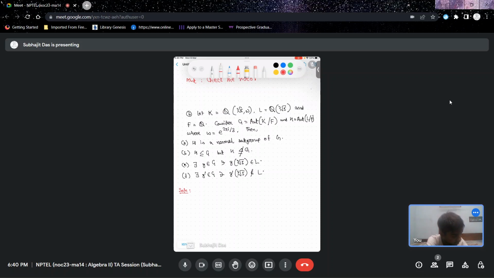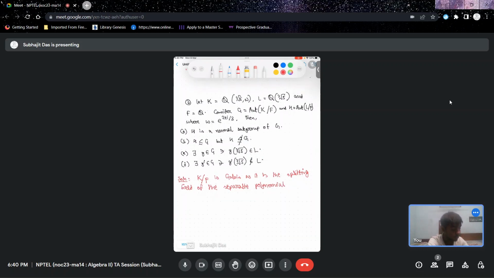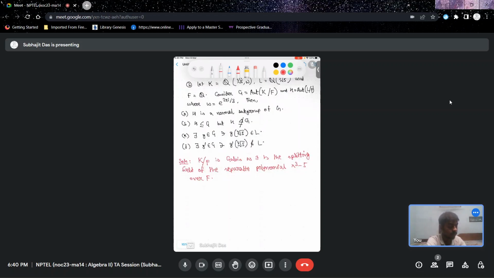So we know, first of all, K over F is Galois, as it is the splitting field of the separable polynomial x cube minus 5 over F. So it is a Galois extension.